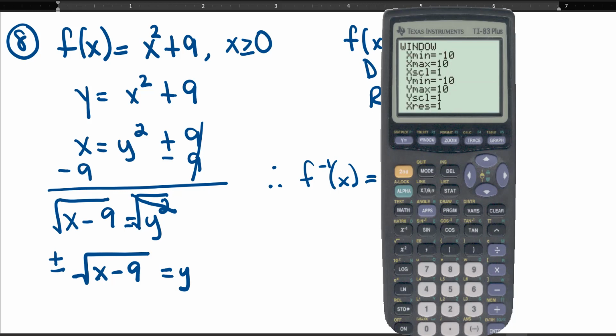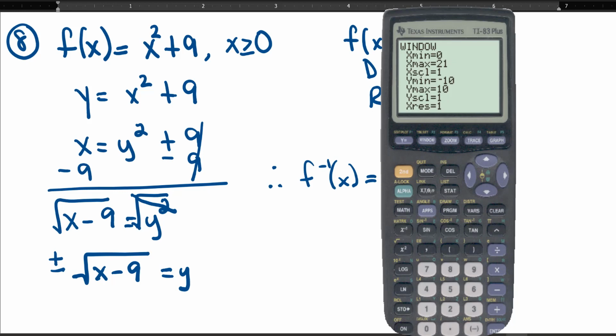I'm going to make my x-min 0, and then we are going to make our x-max, let's do 20 or 21. I'll tell you why 21.